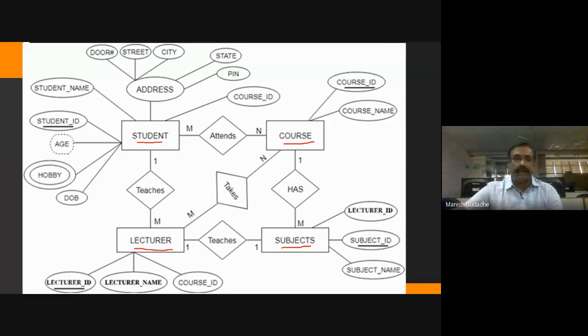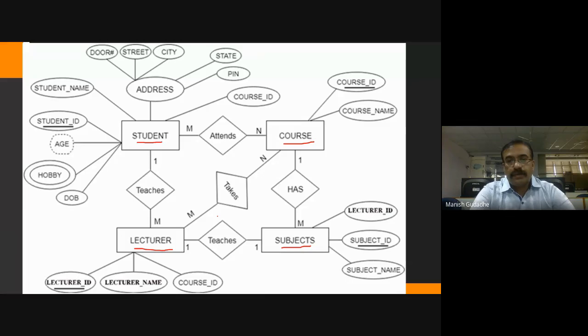Try to understand the very simple things which right now I am going to tell you. Here I have 4 different entities: student, course, lecturer, and subjects. These are 4 different real world objects which take part in the database of a school, college, or training institute.